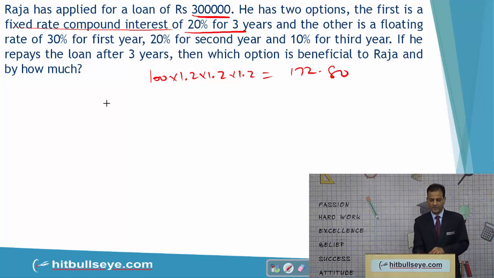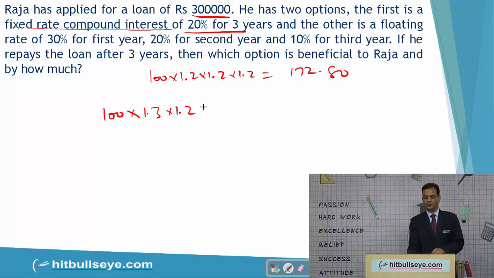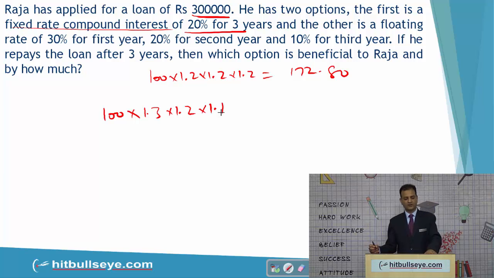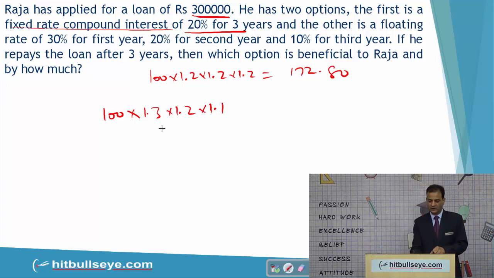So for floating, can we say 100 into 1.3 into 1.2 into 1.1, 30% for first year, so 100 will become 130, then into 1.2, again concept of percentage, or you can say compounded growth. So when you multiply 1.3 into 1.2, it will be 1.56, so 156, and then 156 into 1.1.